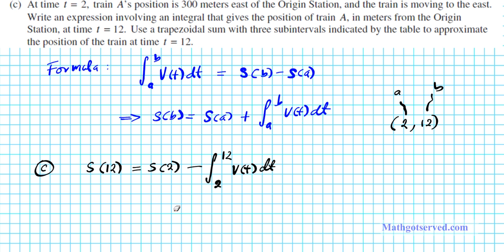Now we do not have a velocity function, we have a table, so we want to use the trapezoidal approximation to approximate the value of this integral.